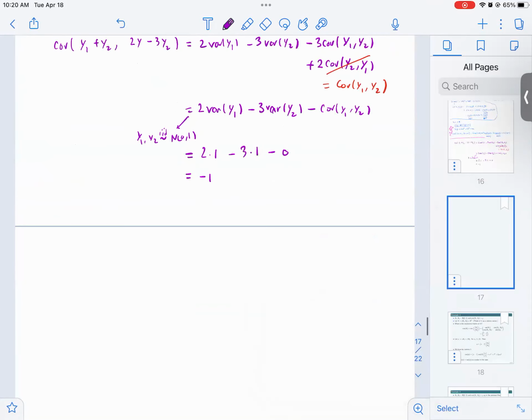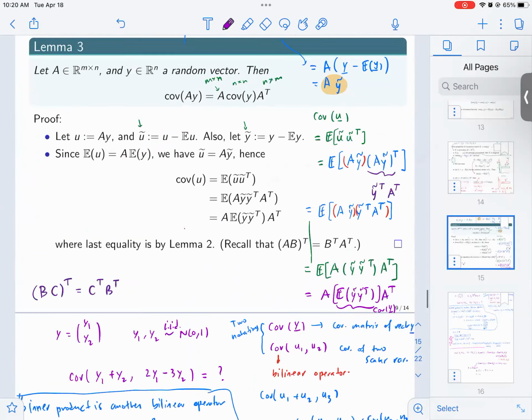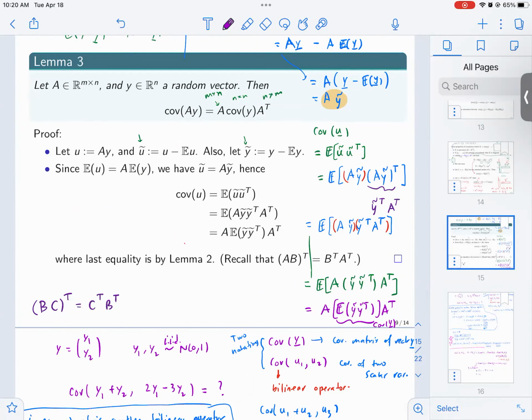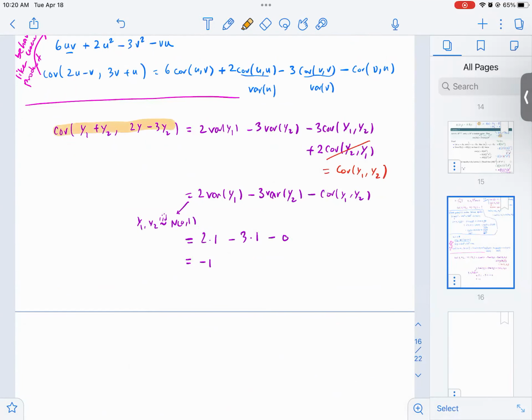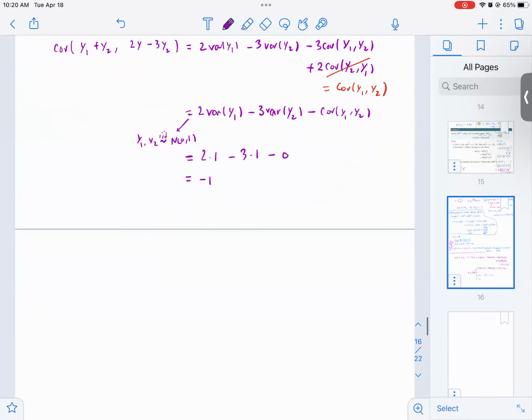So now let's do it by the approach using A. How do we do that using this result? I want to calculate this. So maybe you can now tell me how to define A and move forward. I want to write this joint, like this is a new vector, as a matrix times y1, y2.